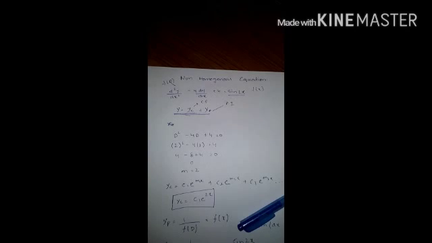I hope that you have pretty clear concepts about how to solve a non-homogeneous differential equation in which a function of sine or cos is given. Remember, cos and sine are actually the same.